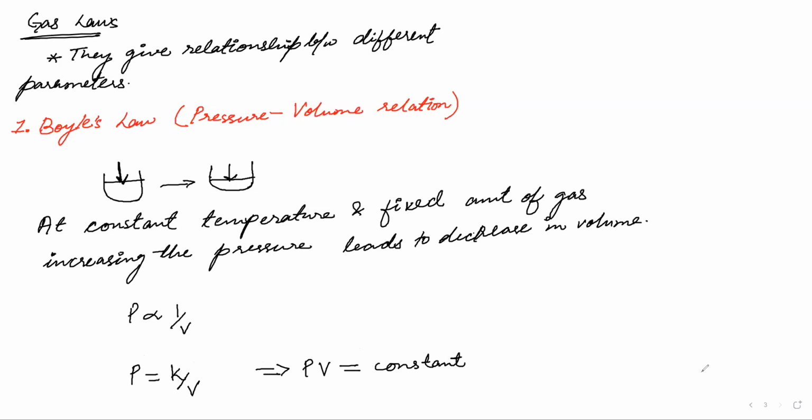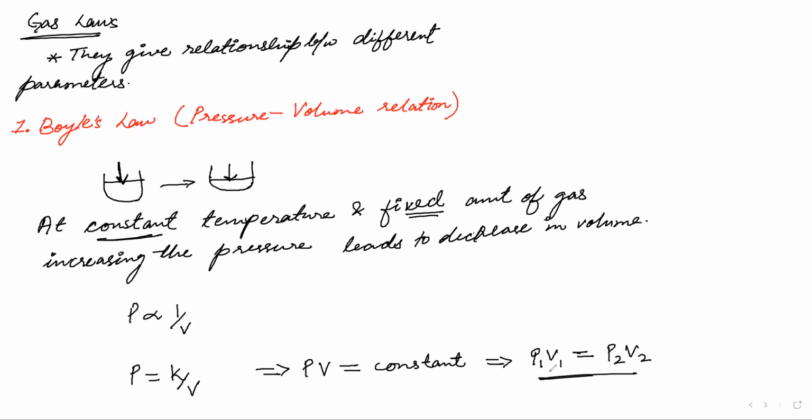It implies that if we have the same amount of gas at the same temperature and we are just playing with the pressure and volume, then P1 V1 will be equal to P2 V2.